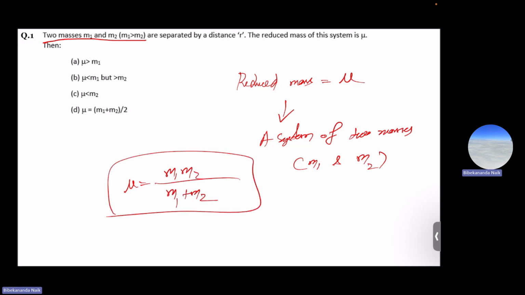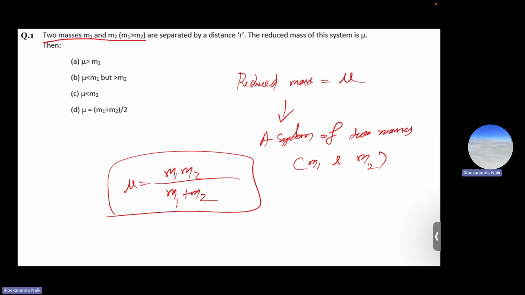So the two-body problem is converted into a single effective mass, a single-body problem, and we can solve a single equation of motion. This basically represents the effective inertia of the system when we are considering the relative motion. These are different applications of reduced mass.